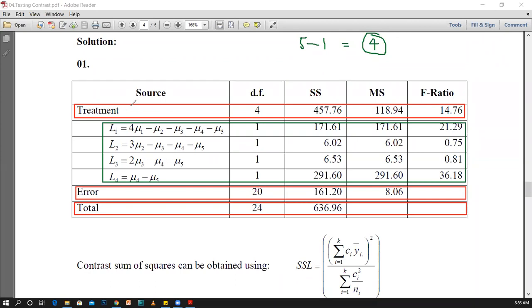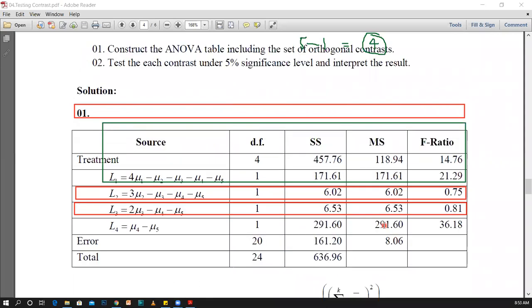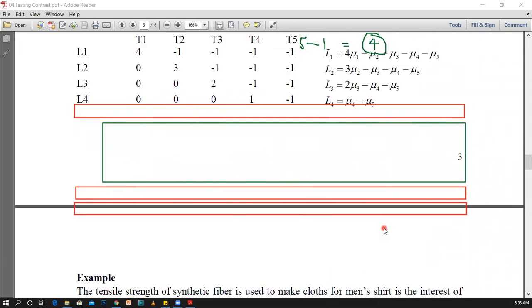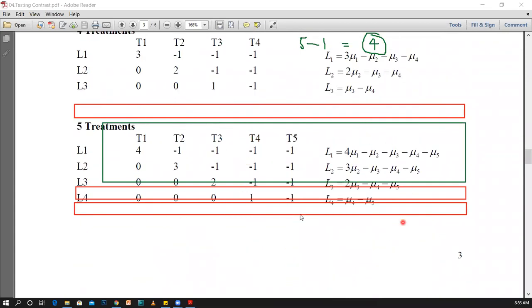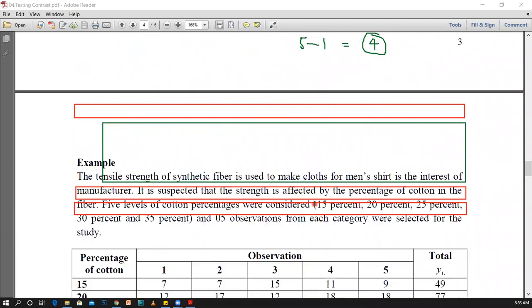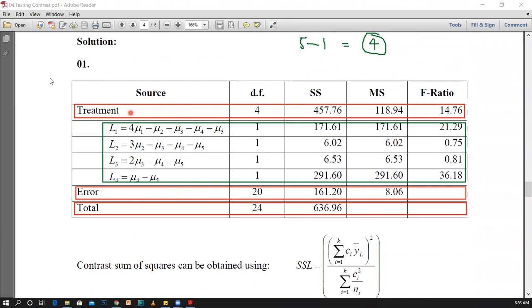Using the concept we defined previously for obtaining contrasts when there are 5 treatments, I have created 4 independent orthogonal contrasts.